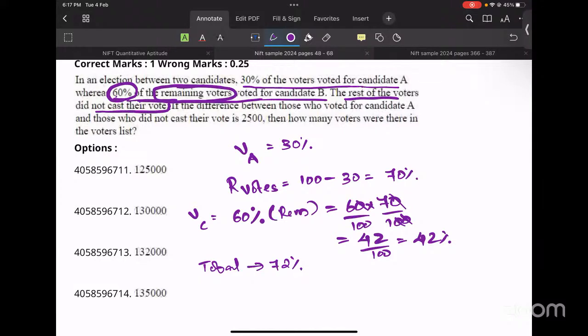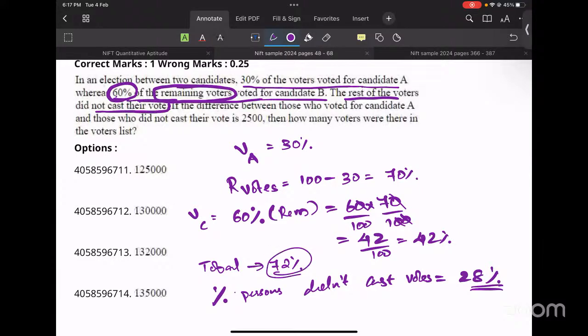So the percentage of persons who didn't cast votes equals 28%. 28% of people didn't cast their votes because 72% cast it.